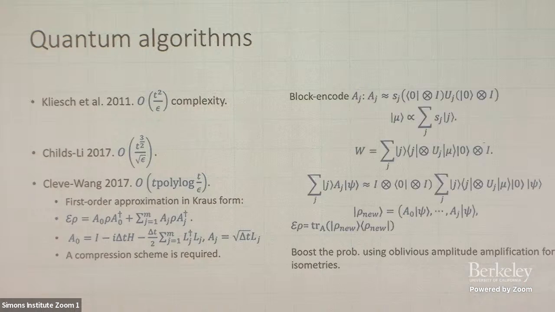The other technique used in their paper is block encoding and the generalization of the LCU, and this is previous amplitude amplification for isometries. So these jump operators are going to be block encoded.